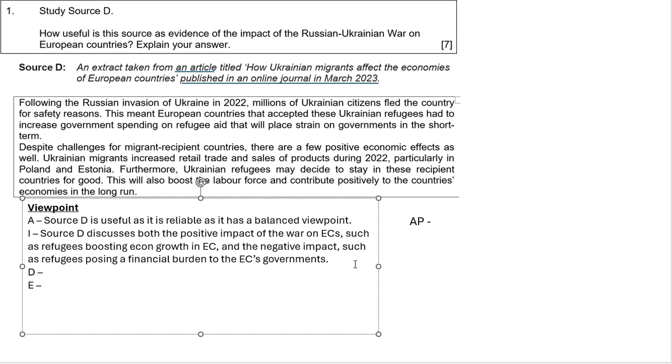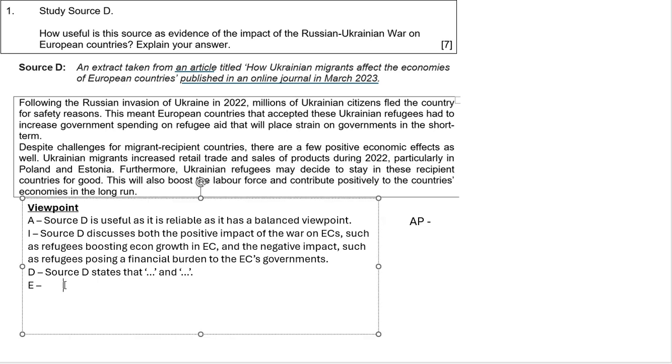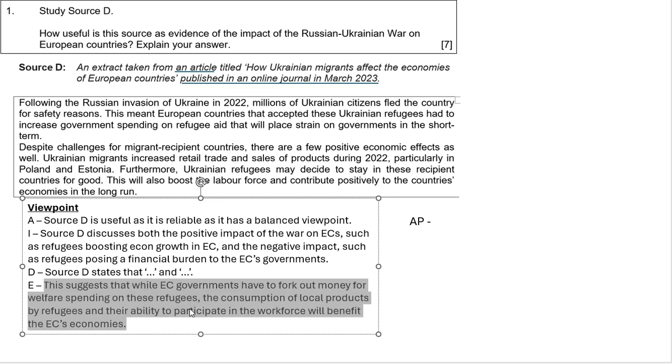Okay, so your details are the ones that you would have quoted previously, the parts in blue and the parts in green for source D. And let's provide a short explanation to tie things up. So you can combine explanation. So this suggests that while European governments have to fork out money for welfare spending on these refugees, the consumption of local products by the refugees and their ability to participate in the workforce will benefit the European countries' economies.